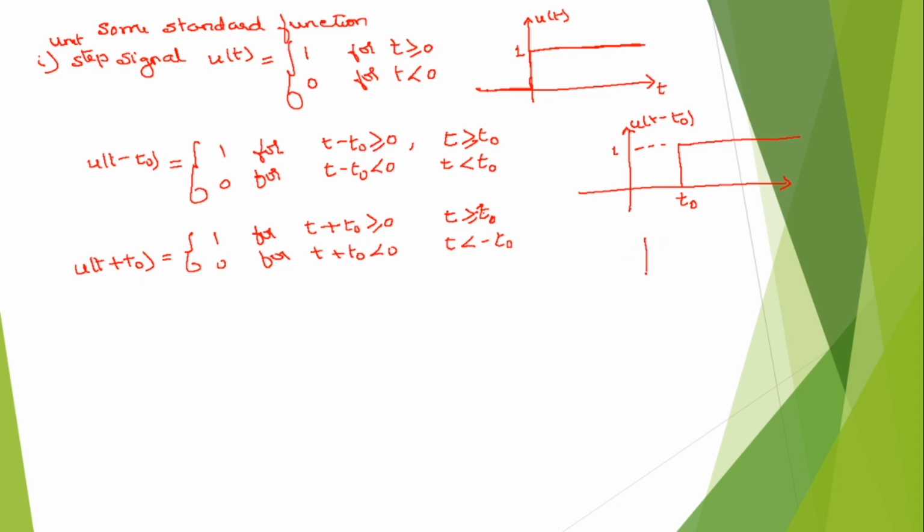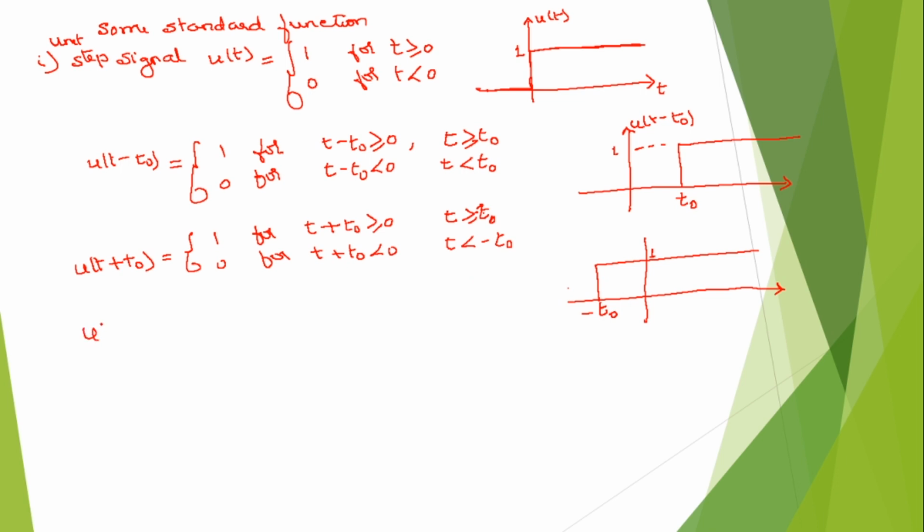That means it is shifted to the left, by minus t naught. So for t greater than minus t naught it is 1, and for t less than minus t naught it is 0.